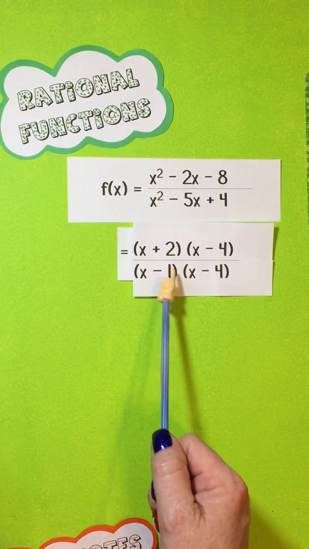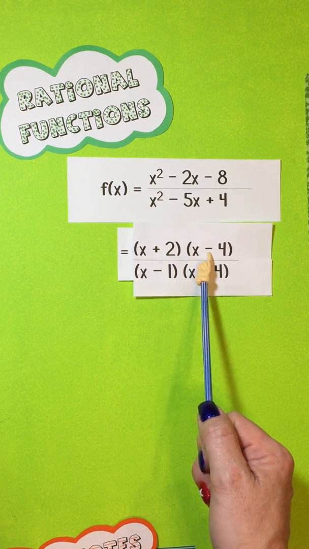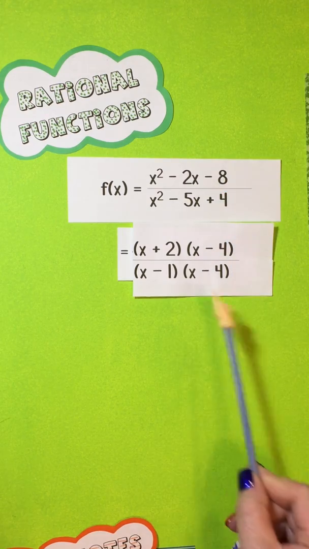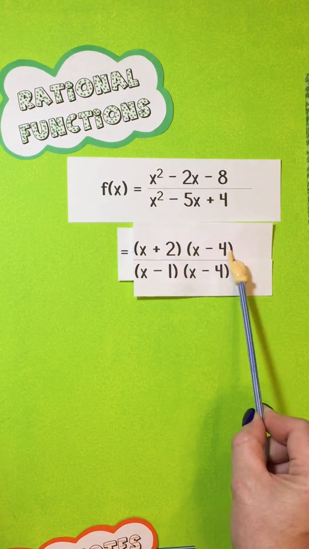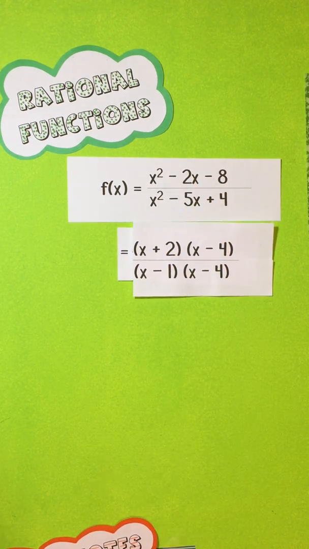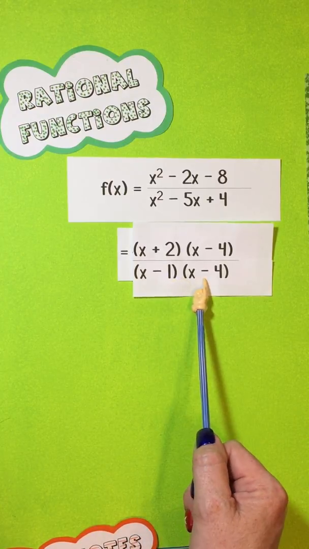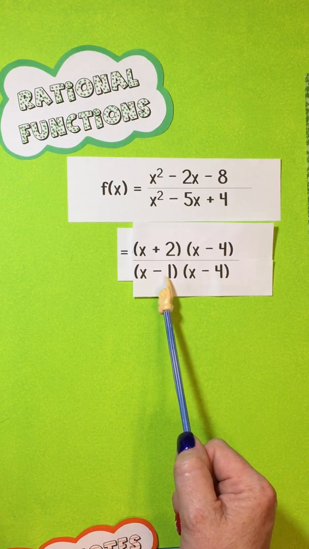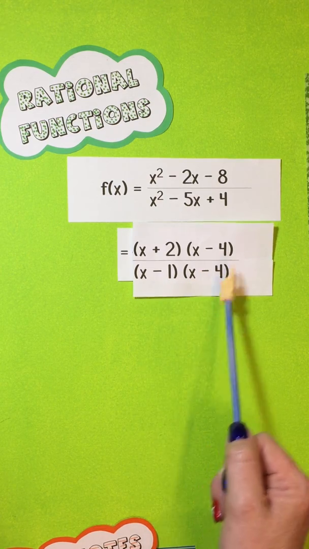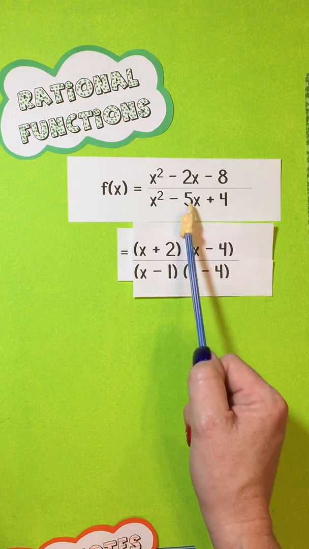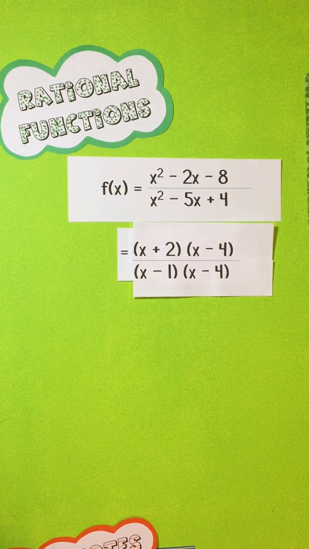The numerator will factor to x plus 2 times x minus 4. 2 times negative 4 does give us that negative 8, and when we add these two terms, we do get a negative 2. The denominator will factor down to x minus 1 times x minus 4. Again, when we multiply negative 1 times negative 4, we do get a positive 4. And when we add these two terms, we get a negative 5. So there's our factored form.